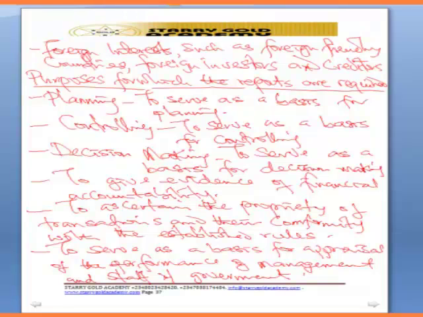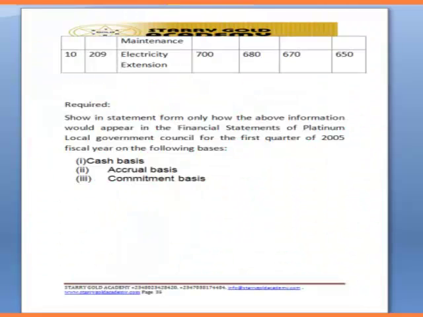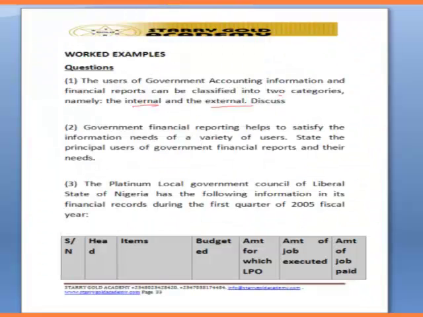Now let's look at question 2. Question 2 says, government financial reporting helps to satisfy the information needs of a variety of users.